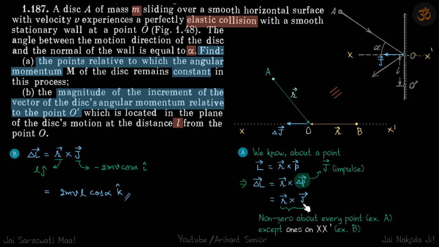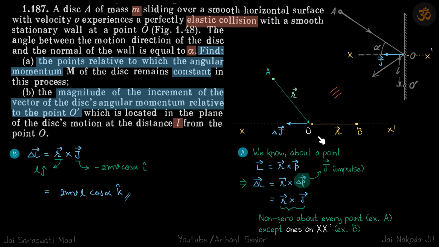So this is our standard equation, and now we can see that if you take any other point in this plane except the point on this axis, on those points r cross J will be non-zero. For example, let's take this point A. So r will be like this and delta J is towards left.